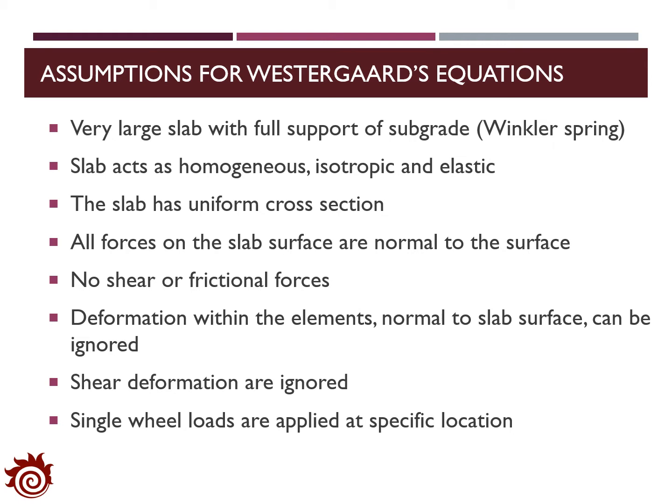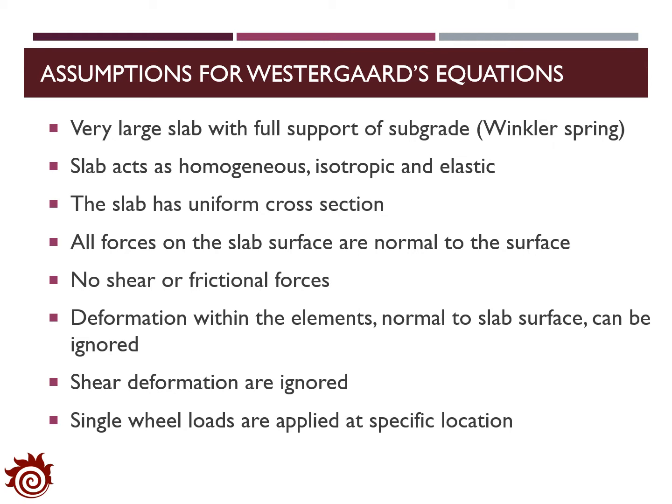This is actually one closed form solution, and we have some assumptions for the implementation of this equation. First of all, we assume that the PCC slab is very large and it has the full support of the subgrade. In addition, we assume that the subgrade acts as the Winkler springs. Moreover, the slab shall be homogeneous, isotropic, and elastic.